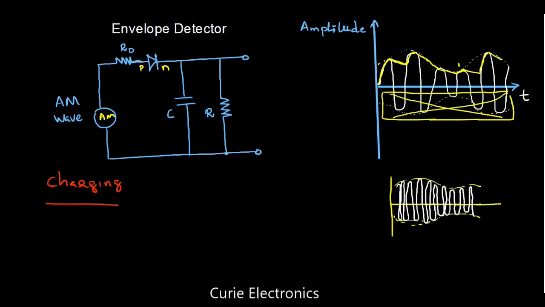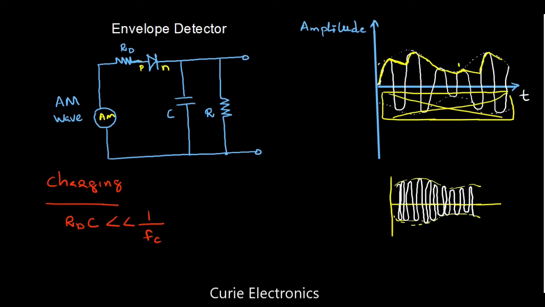Through this RD resistor, the capacitor gets charged. That means RD multiplied by C is the charging time constant. This charging time constant should be much smaller than the time period of the carrier signal.